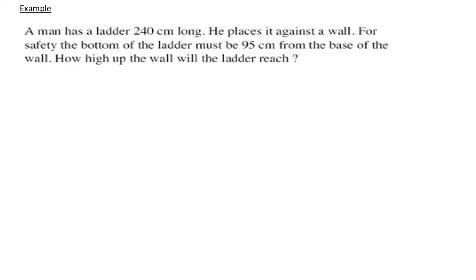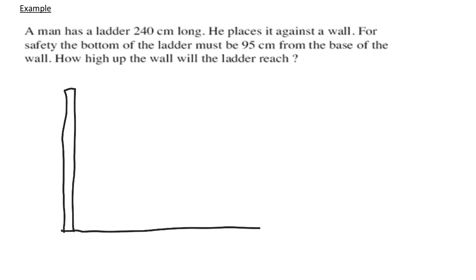And then finally, a man has a ladder of 240 centimeters long. He places it against a wall. For safety, the bottom of the ladder must be 95 centimeters from the base of the wall. How high up the wall must it reach? So let's draw a picture for that. We've got our wall, which will stand perpendicular to the ground.